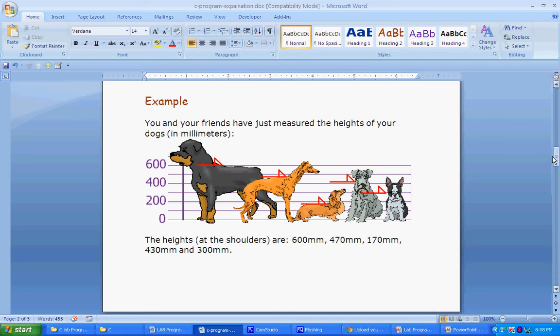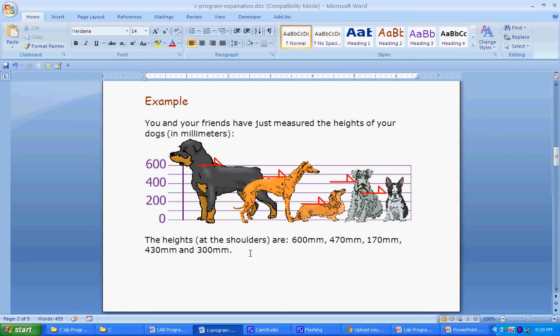If you check it here, we have some n number of dogs. Say you and your friends have just measured the height of the dogs in millimeters. The height at the shoulders of the first dog is 600 millimeters, the second dog is 470, the third dog is 170, the fourth is 430, and the fifth one is 300 millimeters.